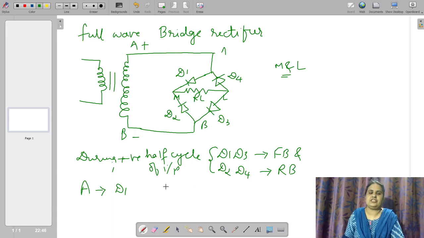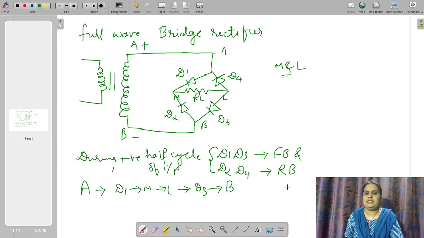In that condition, the current flowed from A to D1 to M to L through RL to D3, then back to the supply. So the direction of the current was from M to L in the load resistance or external circuit, with M plus and L minus, leading to the output voltage V0 or Vout at the load resistance.